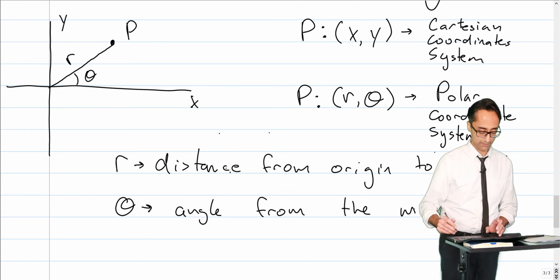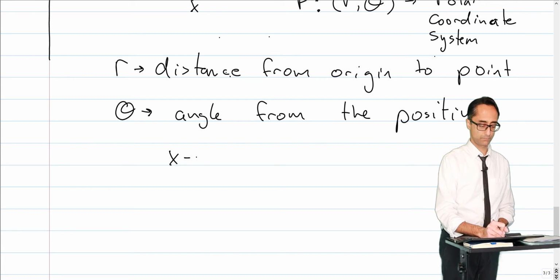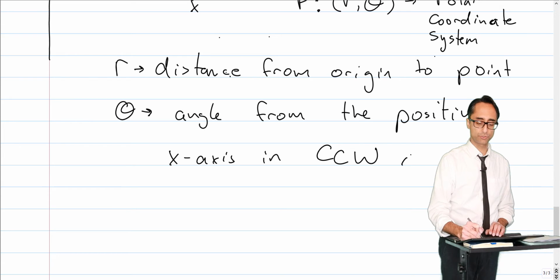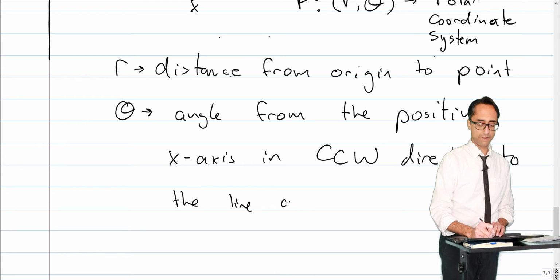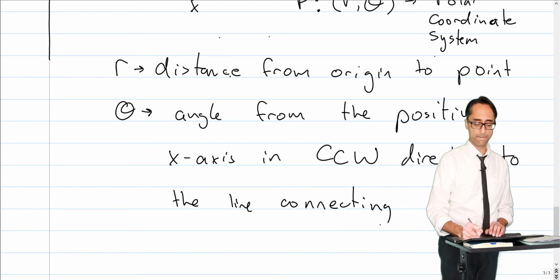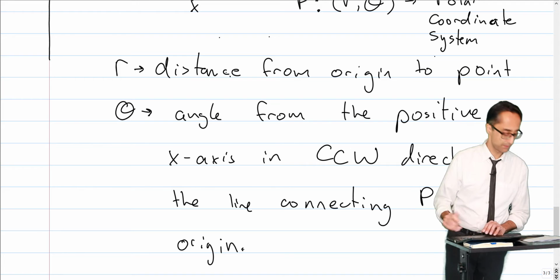We always start there, and we head in the counterclockwise direction. And where do we end? We end at a line that connects P and the origin. All right, there we go.